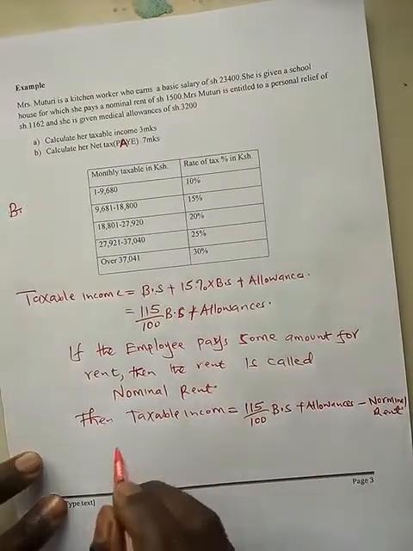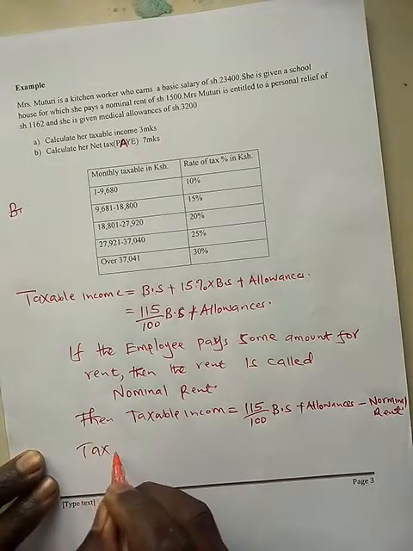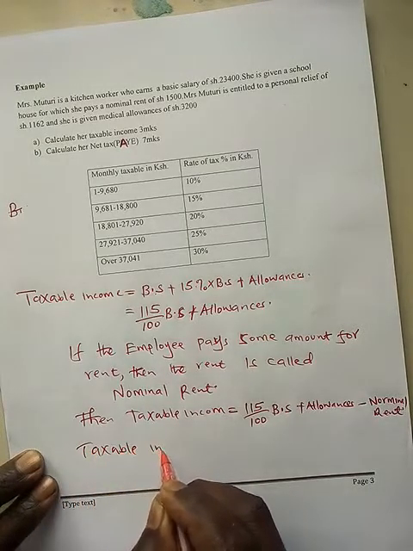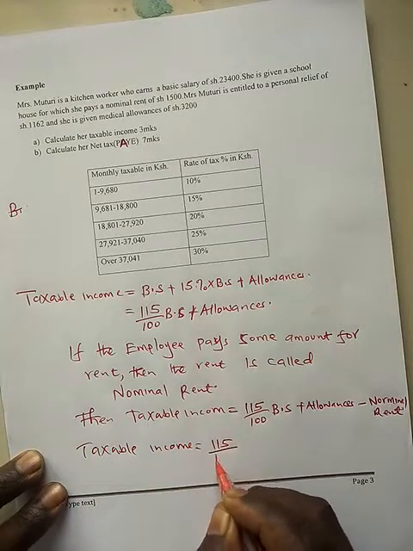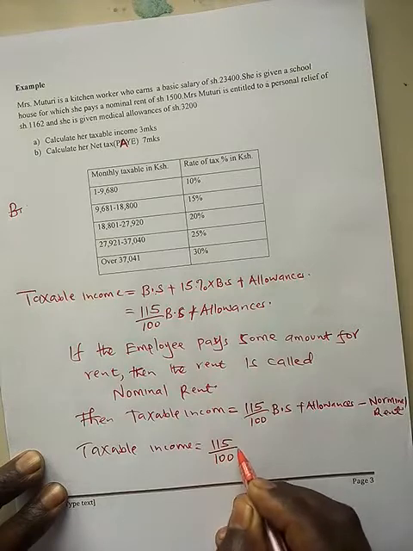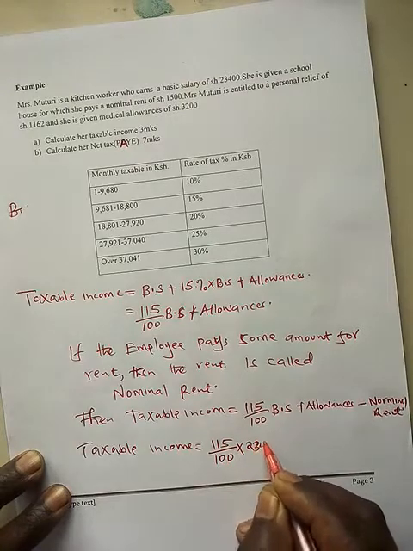So now, for Muturi, taxable income is equal to 115 over 100 times 23,400.